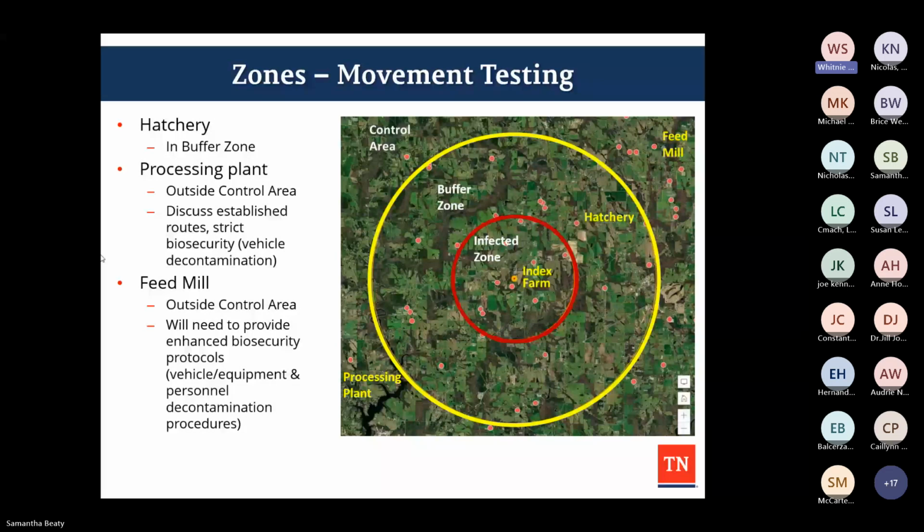So even though a feed mill, a processing plant, or something might technically fall outside of that control area, they would need to provide or be able to demonstrate an enhanced biosecurity plan in order for us to permit those movements. Next slide, please.